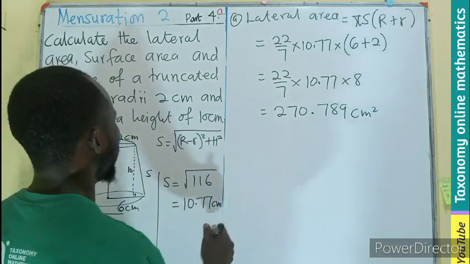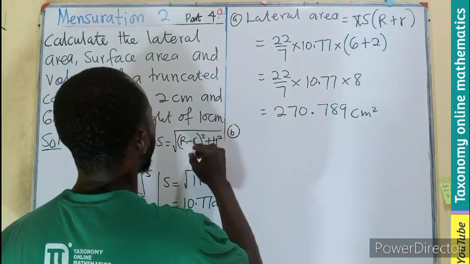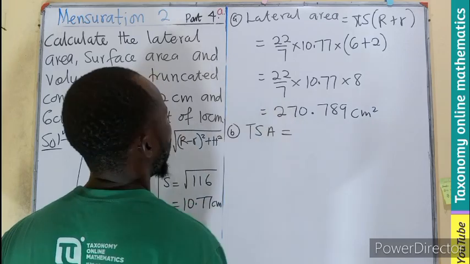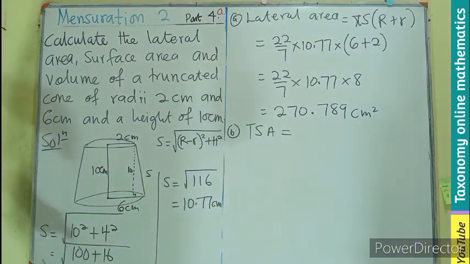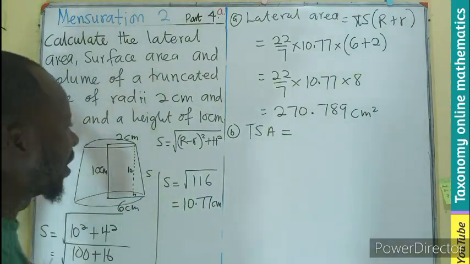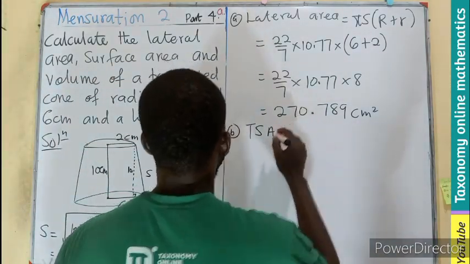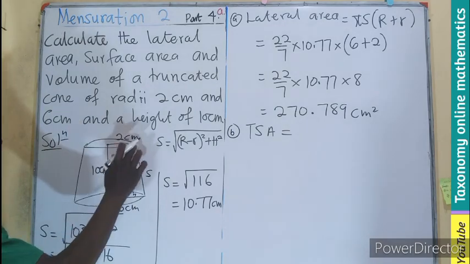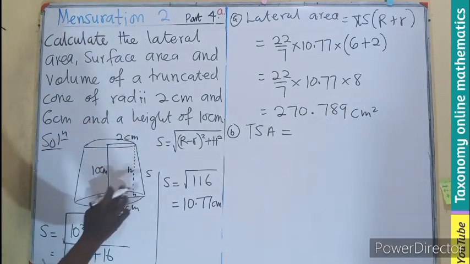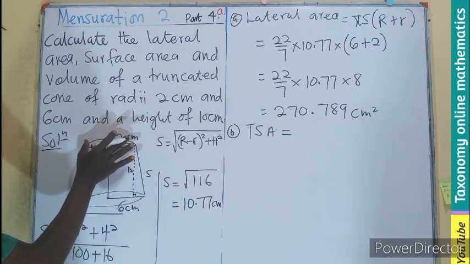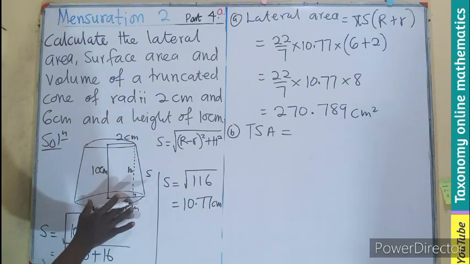All right, let's go to the second one, also by quoting the formula. The total surface area of a truncated cone. If you're looking for total surface area, it is just going to be the area of the base here and the area here plus the curved surface area. We know the area here is the area of a circle.